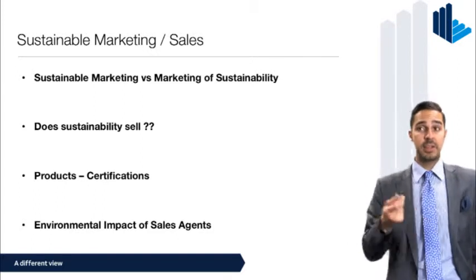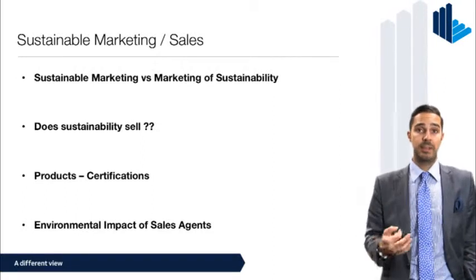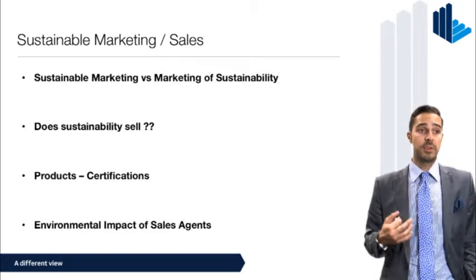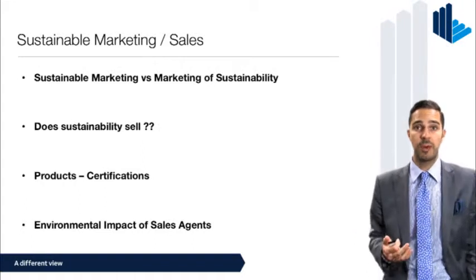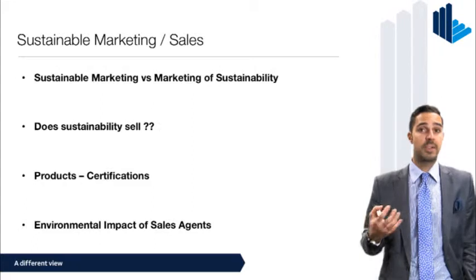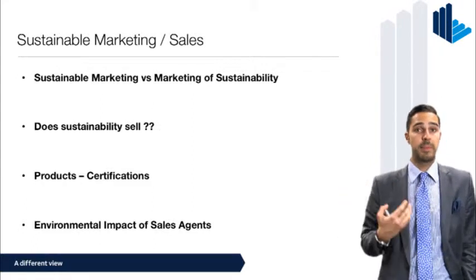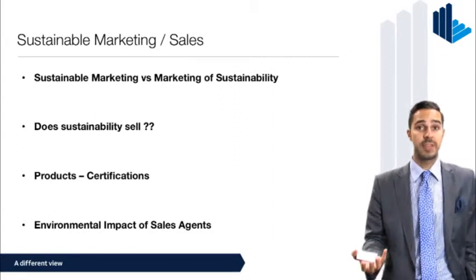Another important aspect that is mentioned here in the slide is the impact of commercial activities. A lot of corporates use agents and promoters to market their products around. This means, for example, having a lot of people moving by car or by airplane or by train to do the commercial activity.